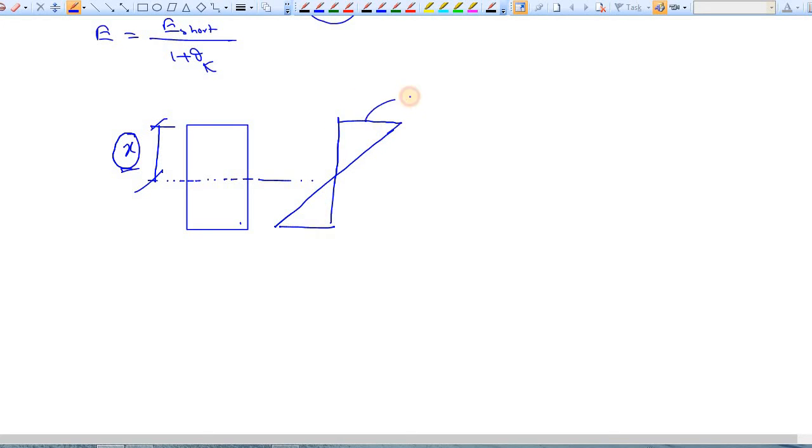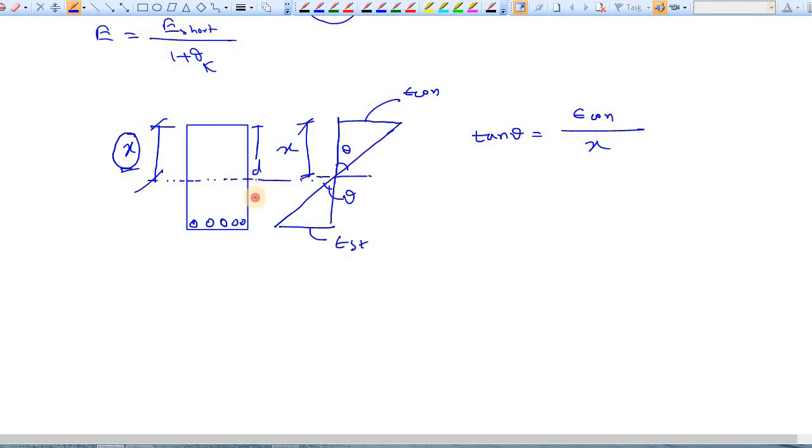This is the strain in concrete and this is the strain in steel, and this angle theta is the same for both cases. So for concrete we can write that tan theta is the strain in concrete divided by this depth x, and let's say the depth of reinforcement from the top fiber is d. So what is this depth? Simply d minus x.